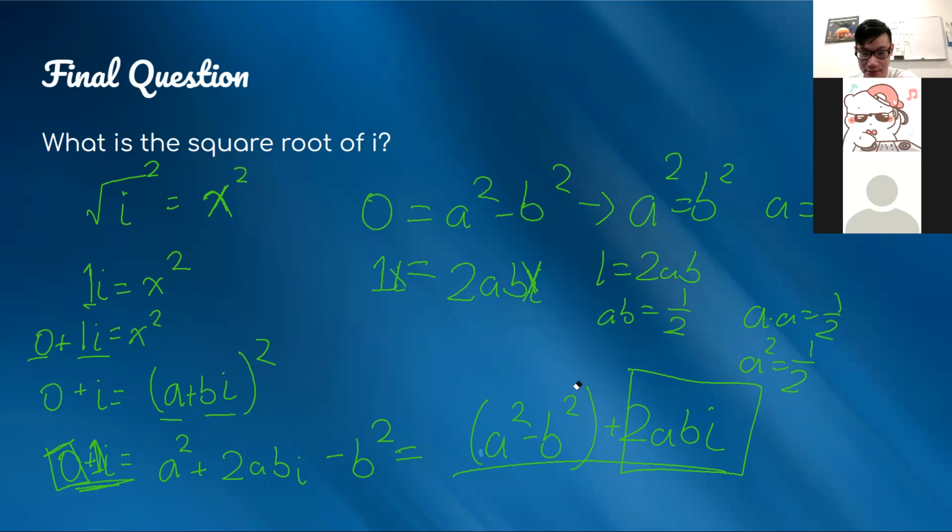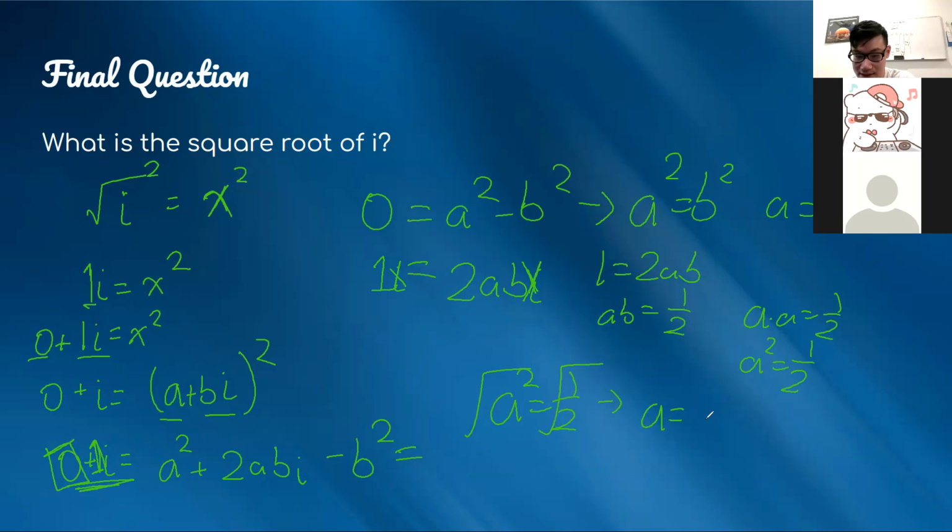So let me erase this real quick. From a squared equals 1/2, we can take the square root of both sides. So a equals plus or minus square root of 1/2. If a is plus or minus square root of 1/2 and a equals b, then b is the exact same. And remember, we're trying to find what the square root of i is, right?